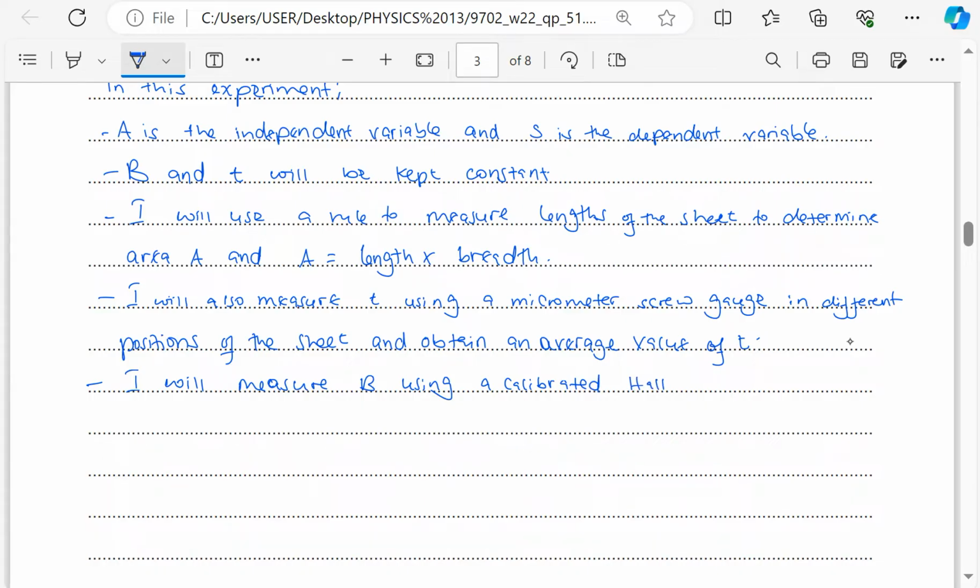Whenever the experiment involves magnetic flux density, use the Hall probe, which you studied in paper 4 in magnetic fields and electromagnetic induction.